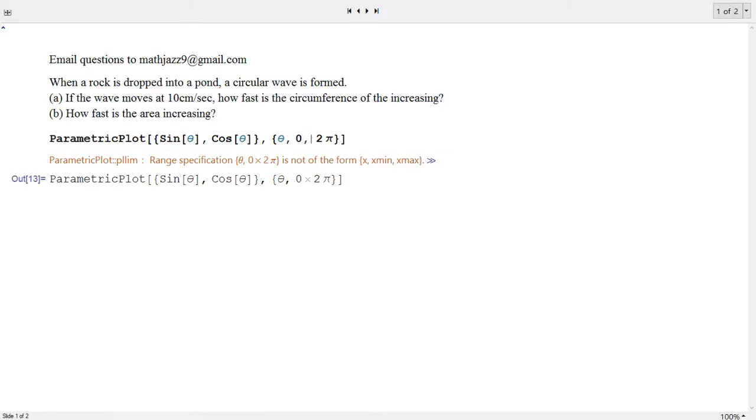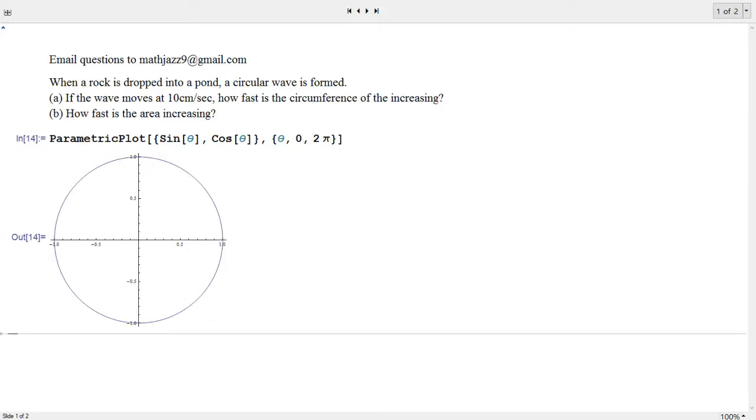Here's our circle. It has a radius that goes from the center of the circle to the outside. It also has a circumference and an area.